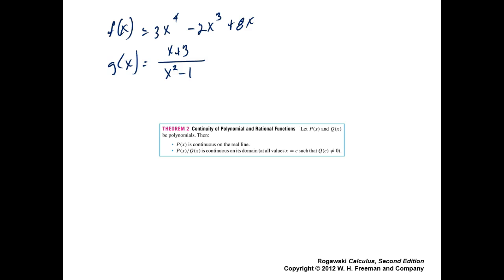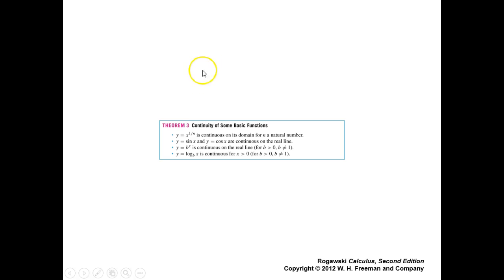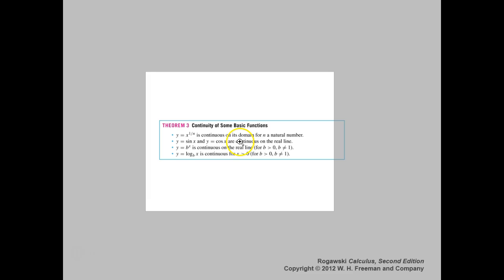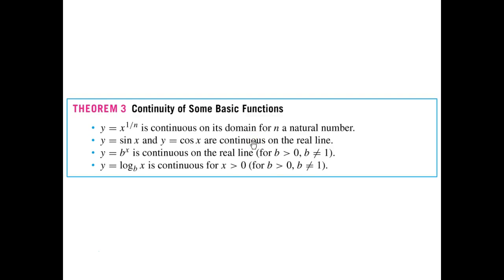Okay, let's see. Where are we? Okay, that's theorem 2. Let's go to theorem 3. This is sort of getting to some of the same stuff I was just talking about: continuity of some basic functions.